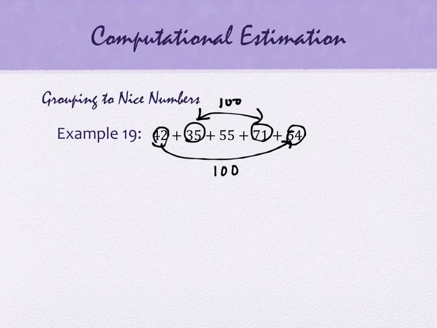So 100, 100, and then if you even want to change the 50 and 5 in the middle to say that it's approximately 50, go for it. It's okay if you leave it 55. That's fine too. I don't know that either's right or wrong. It's just a different way of doing it. And so we end up with approximately 250 or 255. Somewhere in that ballpark.